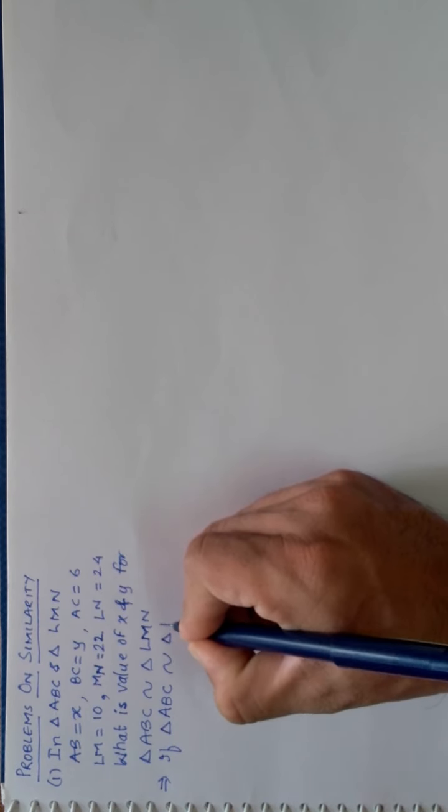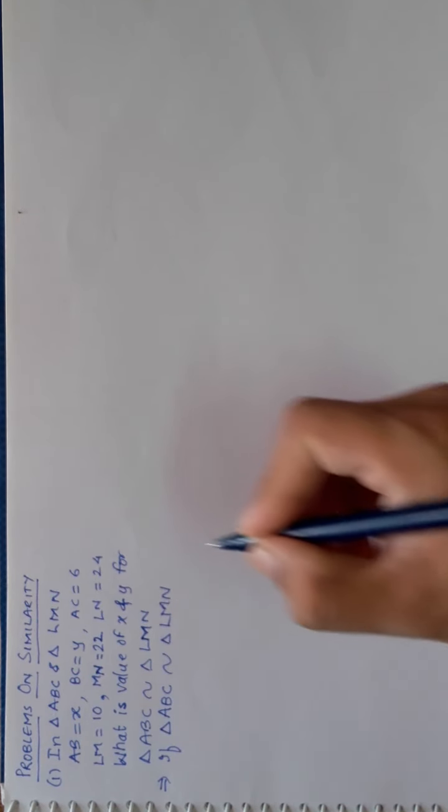Now the common sense which tells me is that values are expected for X and Y. It means you must get such values that after inputting those values, you will get the two triangles similar. That means if triangle ABC is similar to triangle LMN, it is conditional.